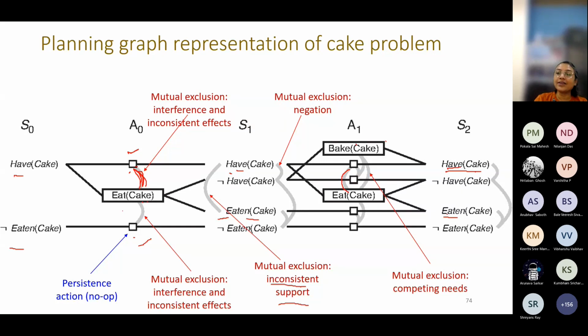So there is a way of having half cake and eaten cake which are not mutex. In the previous layer, they are all mutex. This is inconsistent support. And this inconsistent support is not there in layer 2 because there is a way of obtaining eaten cake and half cake which are not mutex.